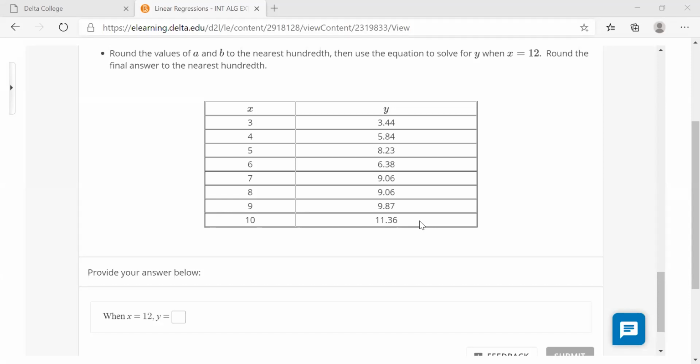Yeah, 1.66. Okay, so now you've got that equation, and just write it down with the 2 decimal places. And you don't want to put that in your answer on the problem, because what they want you to do now is plug in x equals 12. So now you can just plug in 12 for x and do that computation, and you'll get your y value.